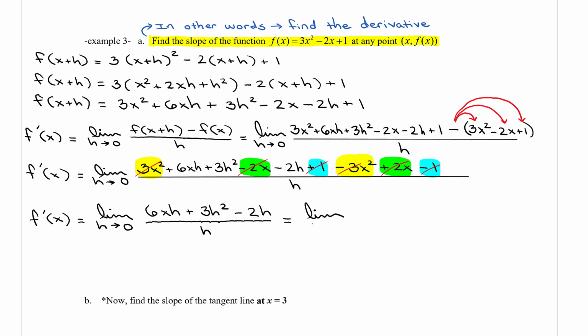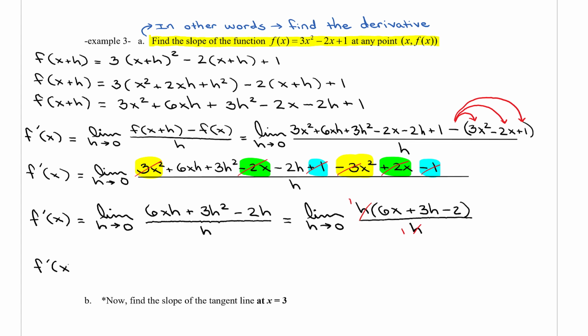So this is going to equal the limit as h approaches 0 of h, open up a set of parentheses, 6x plus 3h minus 2, close the parentheses, all over h. I can cancel out now the factors of h that I have here in the numerator and denominator, and I'm going to write 1s right next to those h's since they divided out, and I'm just left with factors of 1.